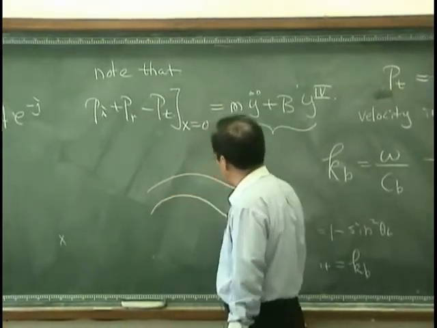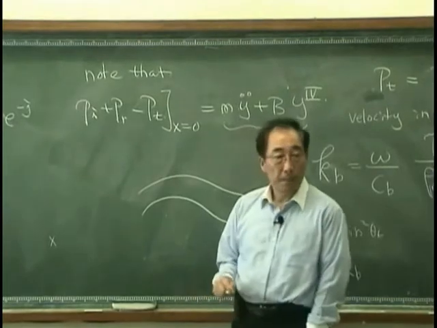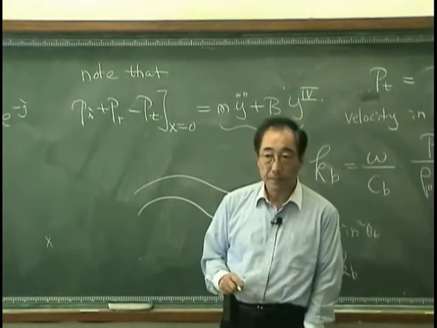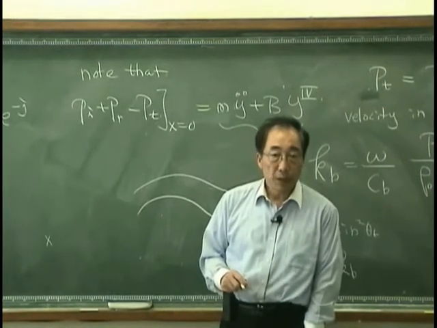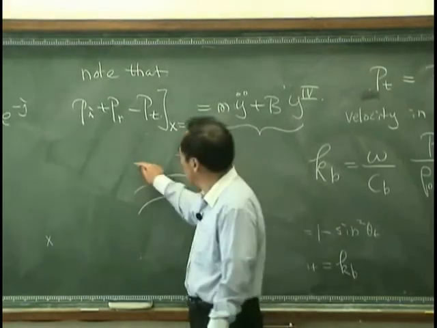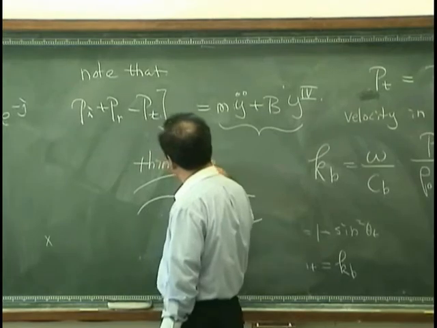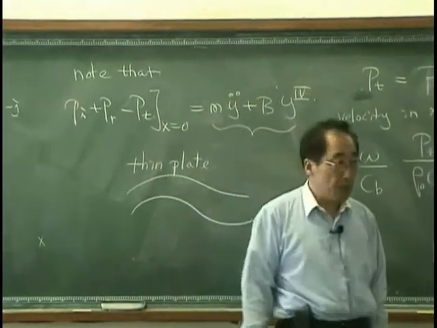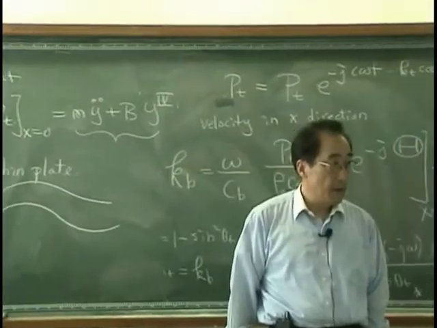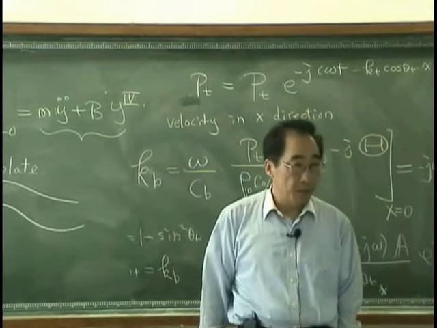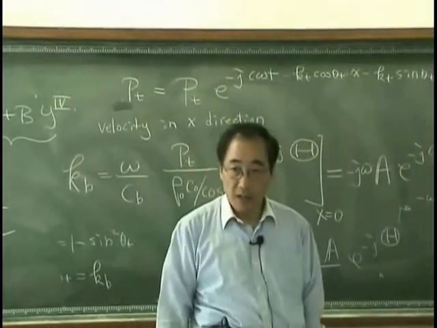Here is a plate. The plate has to be a thin plate. What does it mean by thin plate? Thin means the plate has to be less than 1 millimeter.